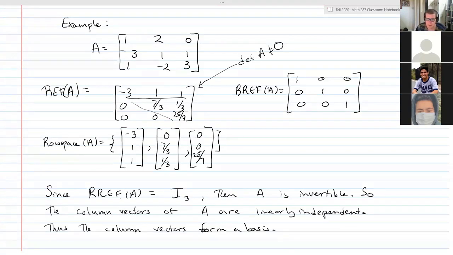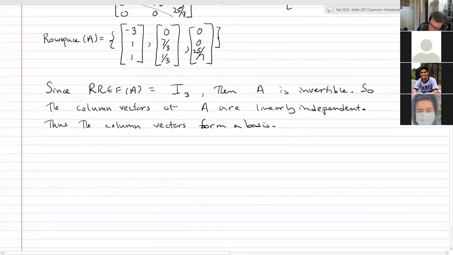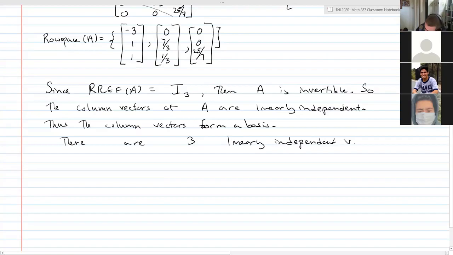Let's write this down. There are three linearly independent vectors in R3, so the set of vectors thus spans R3.